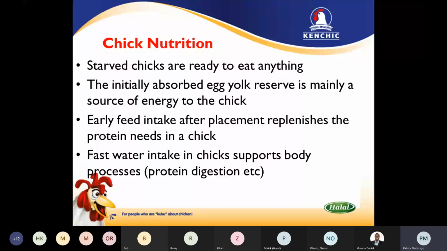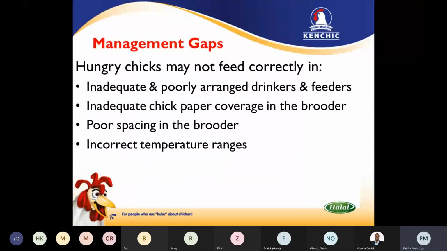A few management gaps could also lead to very high chick mortality. Remember, hungry chicks will feed on anything, and they might also feed incorrectly because probably you have inadequate and poorly arranged drinkers and feeders. You might have inadequate chick paper coverage in the brooder or gunny bags, poor spacing in the brooder, and incorrect temperature ranges.